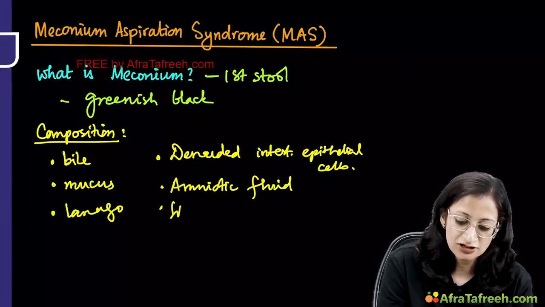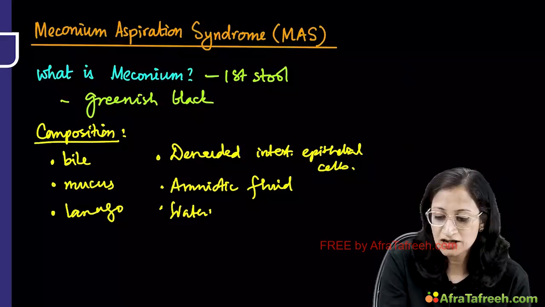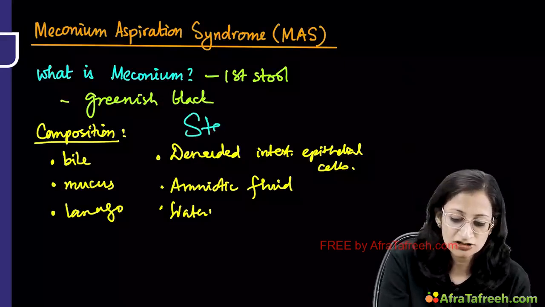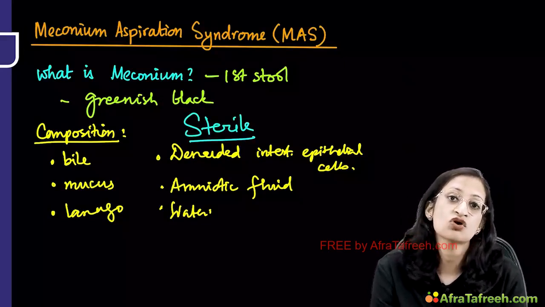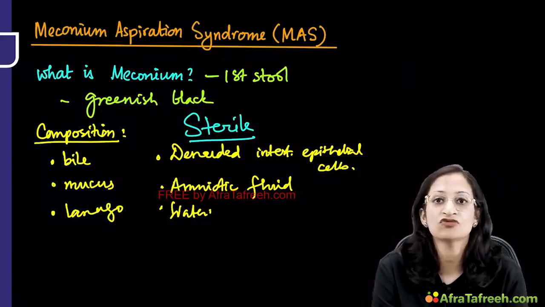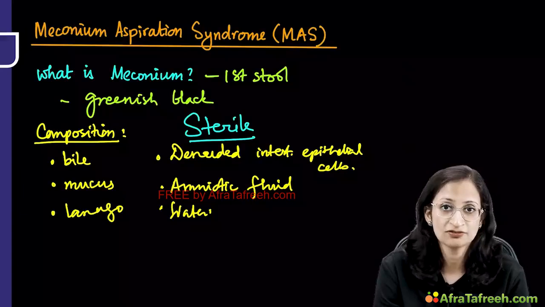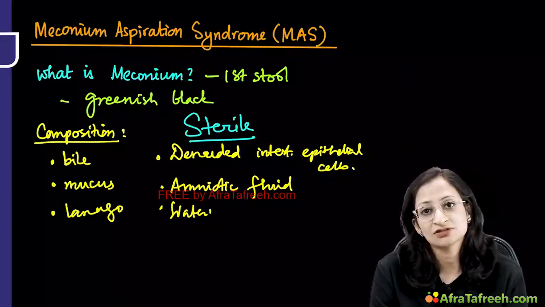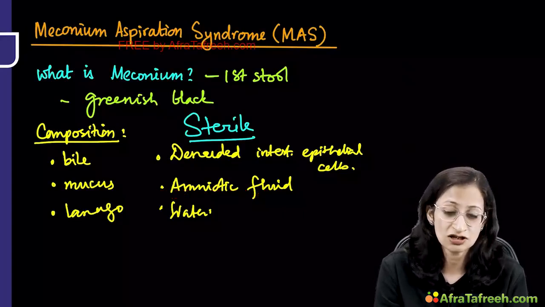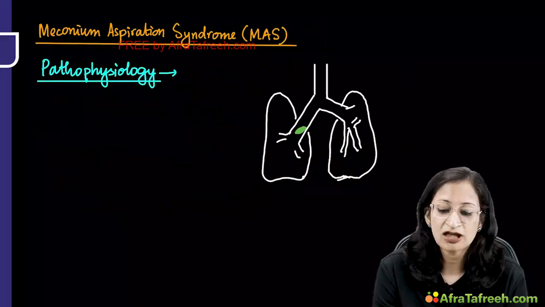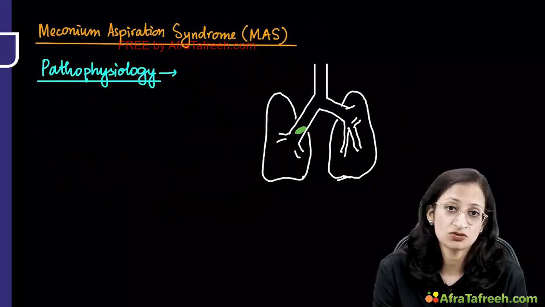So you can appreciate that meconium is a sterile substance. It does not contain any microorganisms like the stool of older children and adults, which contains coliform bacteria and other organisms. Now what is the problem that happens once the meconium enters the airways and the lungs? Let us see the pathophysiology of meconium aspiration syndrome.